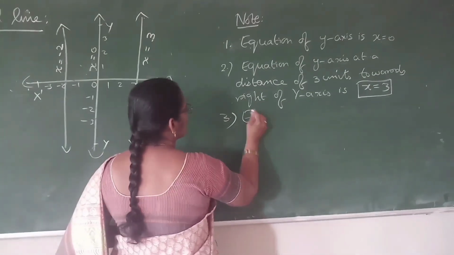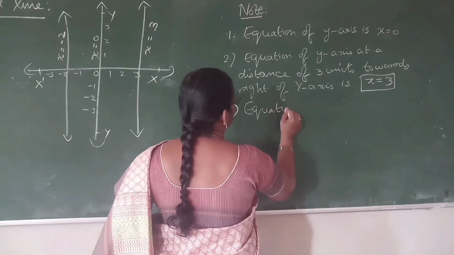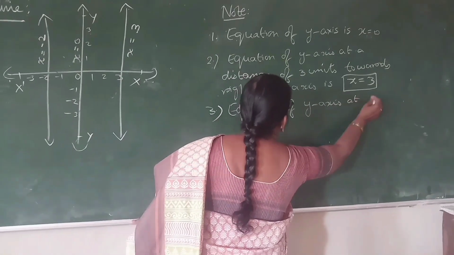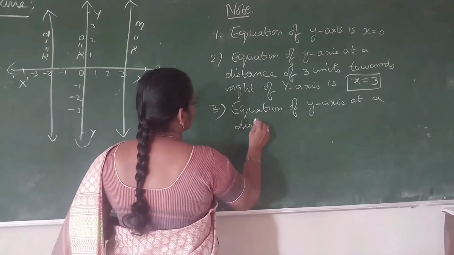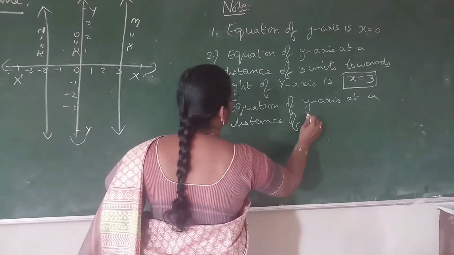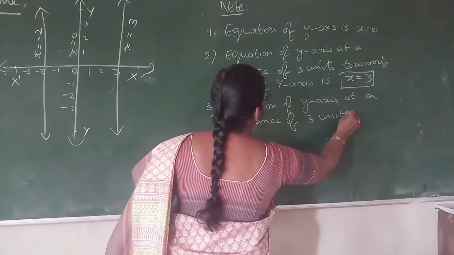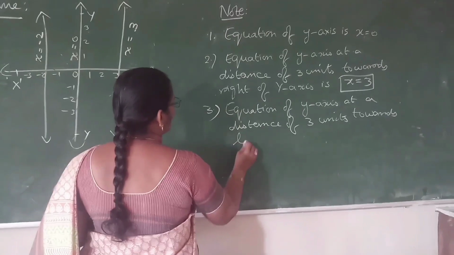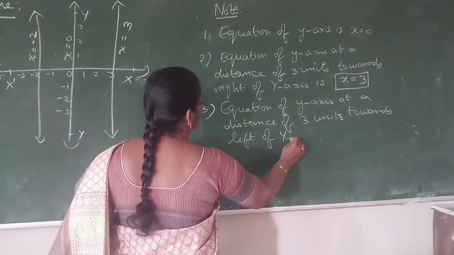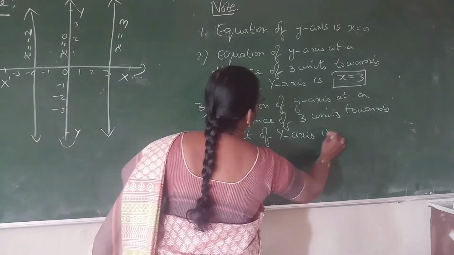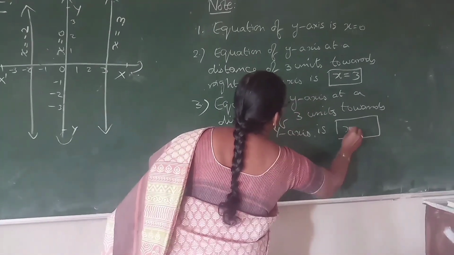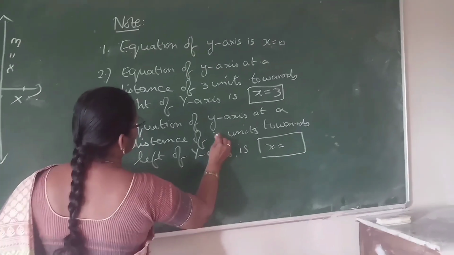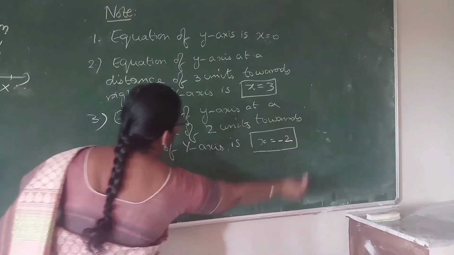So, equation of a line at a distance of 3 units towards the left of the y-axis is x is equal to, okay, there we have taken 2, so let it be 2. So x is equal to negative 2.